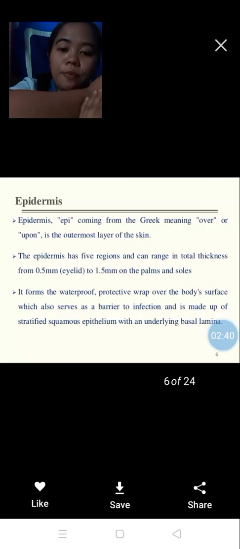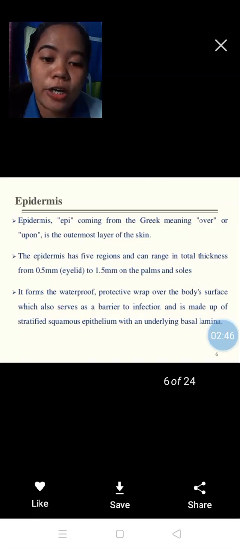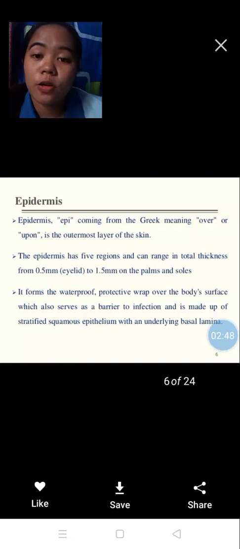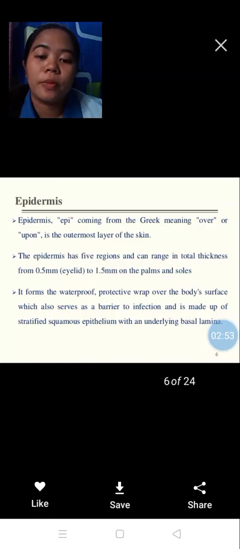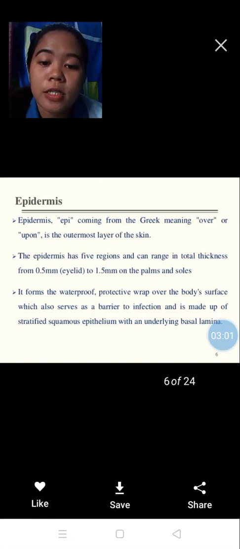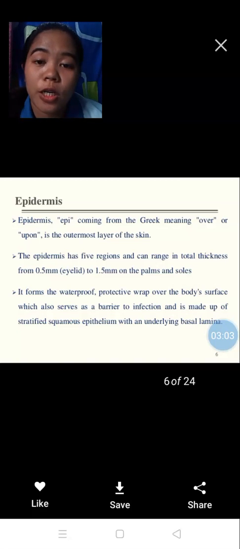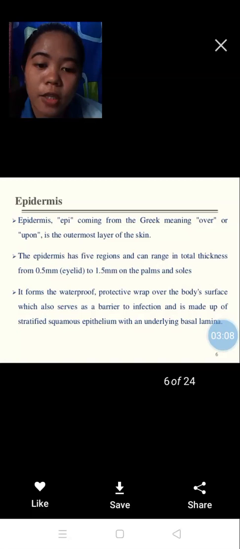The epidermis has 5 regions and can range in total thickness from 0.5 mm on the eyelid to 1.5 mm on the palms and soles. It forms the waterproof protective wrap over the body surface, which also serves as a barrier to infections, and it is made up of stratified squamous epithelium with an underlying basal lamina.